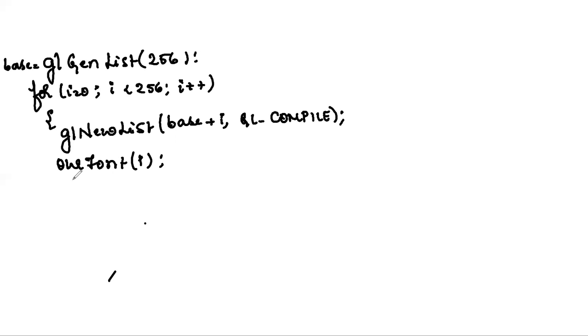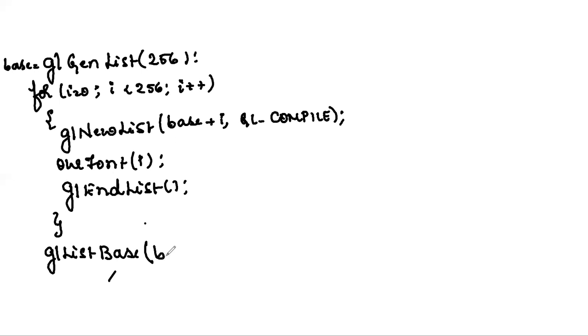Next, let us write glEndList, and then close the for loop. How are you going to set the offset for this? We will write glListBase, which is nothing but the starting point, base.